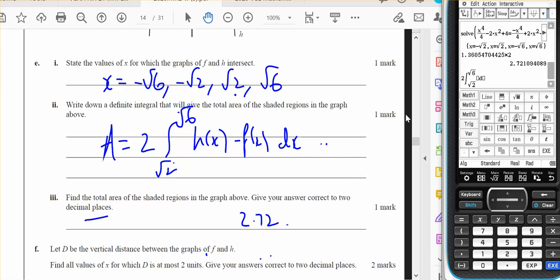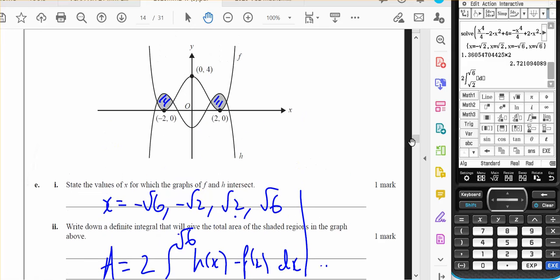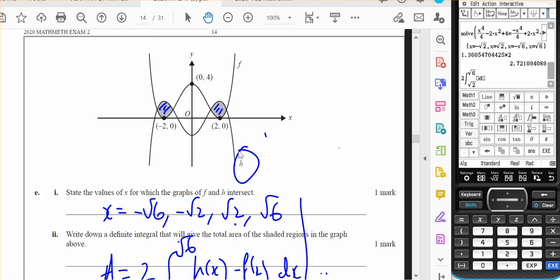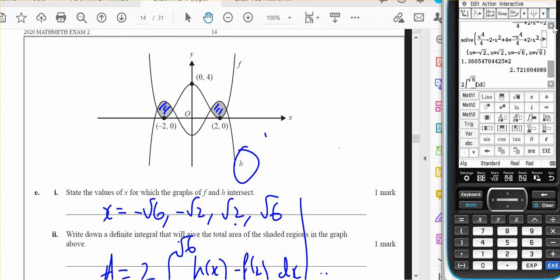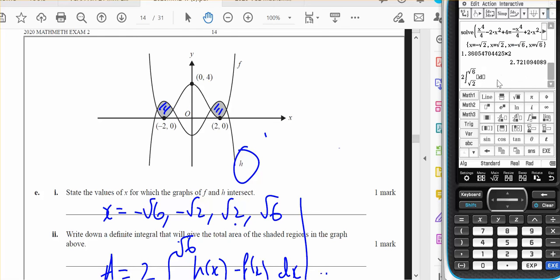Top curve is h, the transformed one. So my top curve is going to be this one. Copy, paste, minus bottom curve, and what I'm going to do is go to Math 1 and put in a bracket.